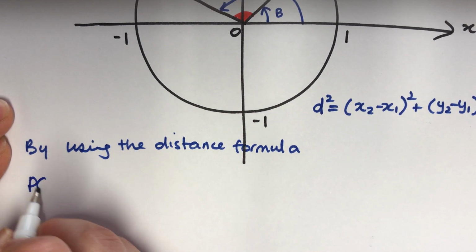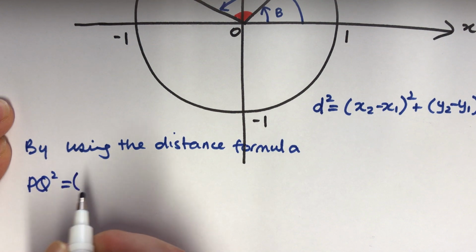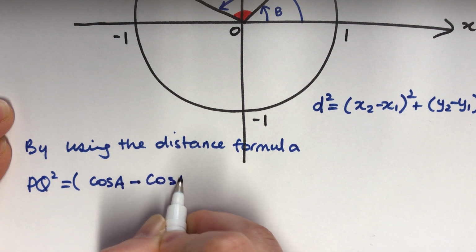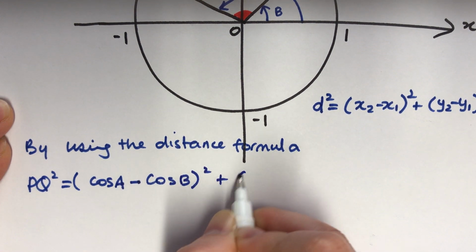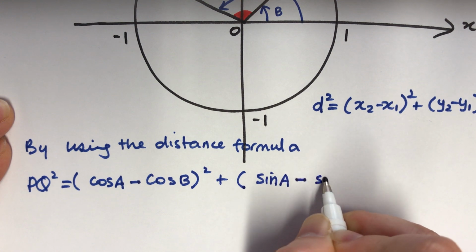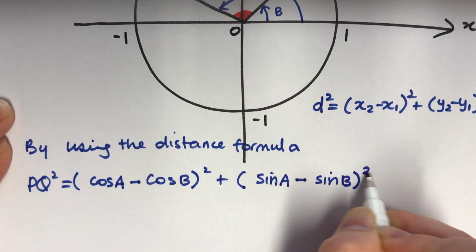And I'm going to go PQ squared equals (cos A − cos B) squared plus (sin A − sin B) squared.